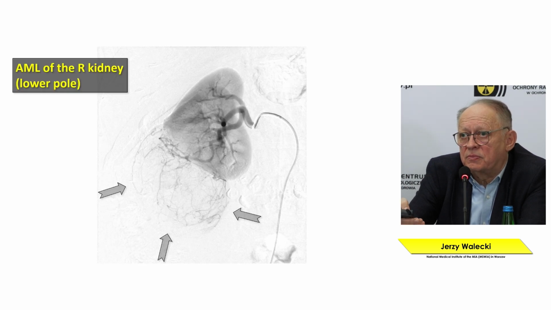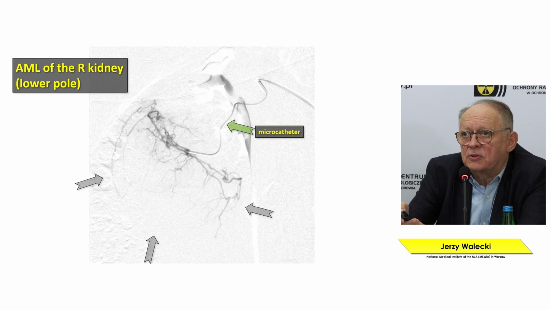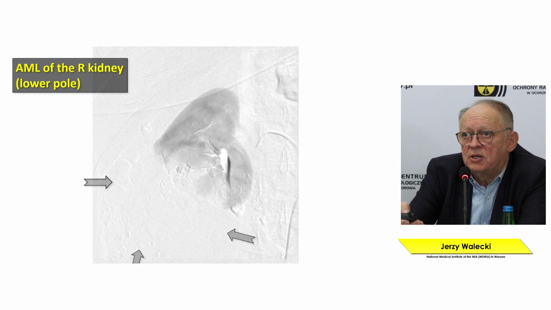Here you can see a huge change. The central and lower part of the kidney are filled with a huge tumor. Here you could see embolization. Here you can see the inside of the kidney.